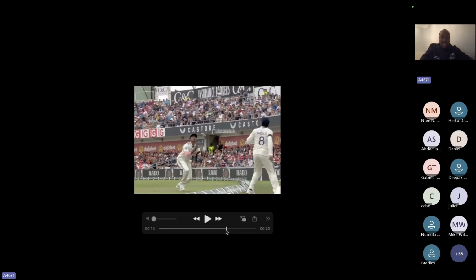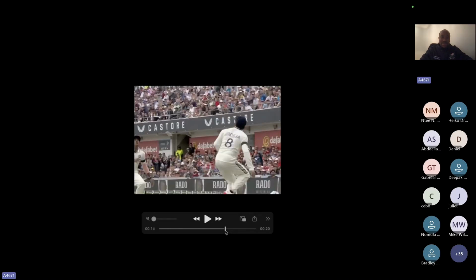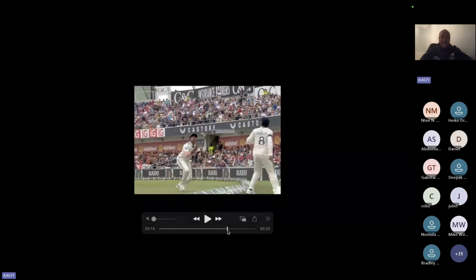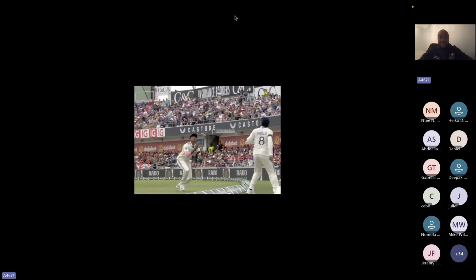If he had made a second contact with the ball outside of the field of play, then he would have had to have jumped from outside, tapped it inside, and landed inside. But because he did not touch the ball while he was outside the field of play, he can remain outside the field of play while his colleague is completing the catch.